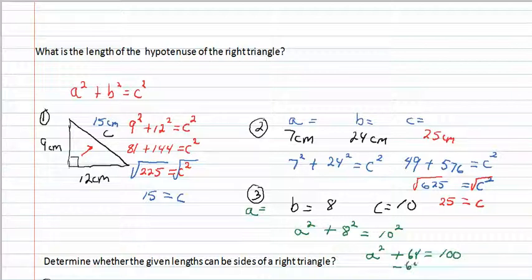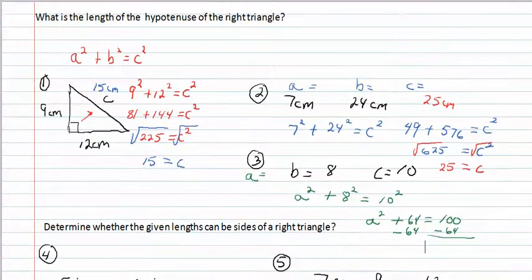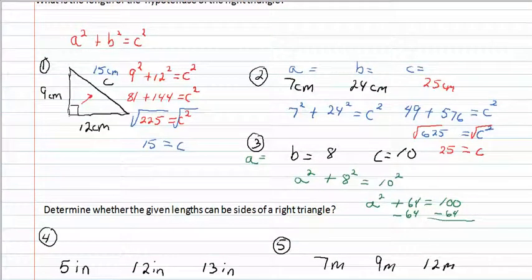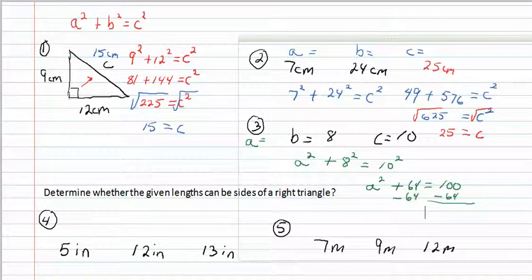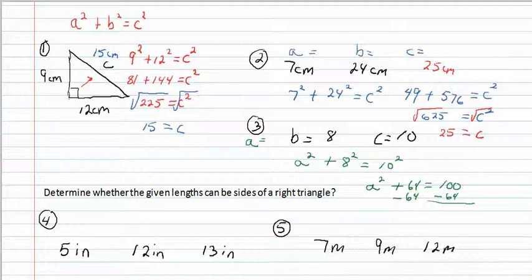Okay, I'm trying to solve for a, so I'm going to subtract 64 from both sides. Minus 64. So 100 minus 64 is, and I can do that on the side, or you can grab a calculator and do that, and it is 36.